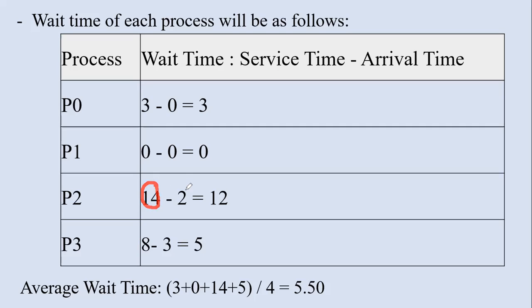Its arrival time was 2, so its waiting time will be 12. And therefore, the average waiting time for this system will be 3 plus 0 plus 14 plus 5, giving you 22, divided by 4, which is the number of processes, and therefore that will give us a waiting time of 5.50.